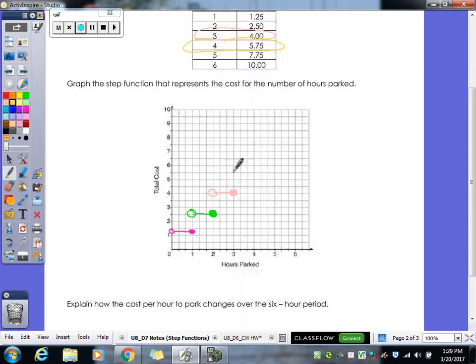So $5.75 is right here between this $5.50 and 6. Open circle, closed circle. And the next one, a minute over 4 hours to 5 hours is going to be $7.75. So here's $7.75. There we go. And the last one, 6 hours, so we're going to go a minute over 5 hours to 6 hours, we're going to be paying $10.